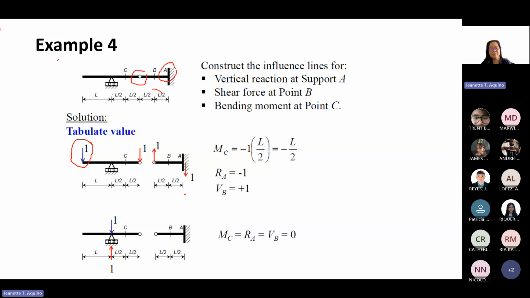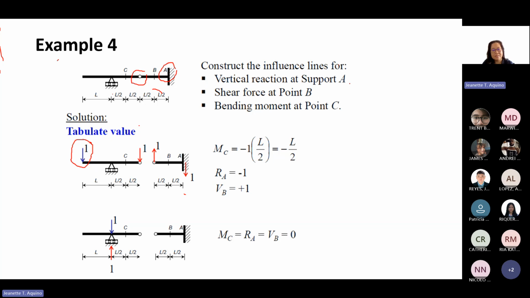So when you have the load here, we put it here first.